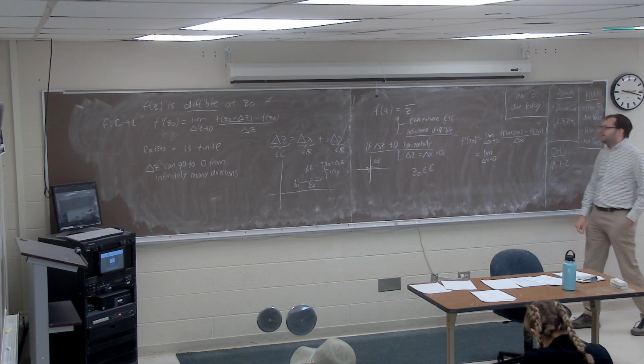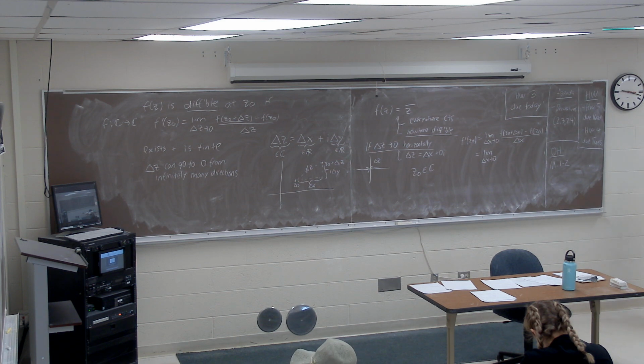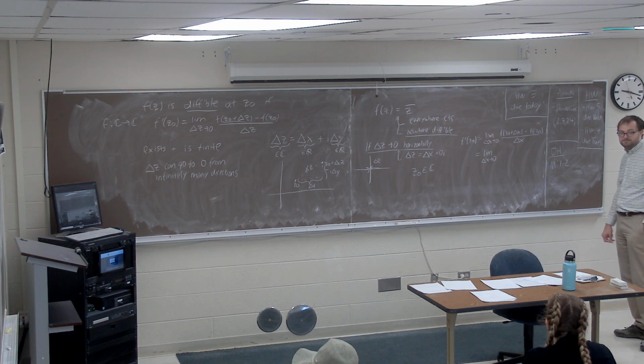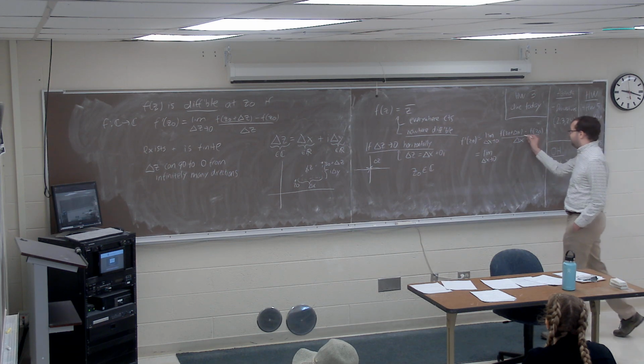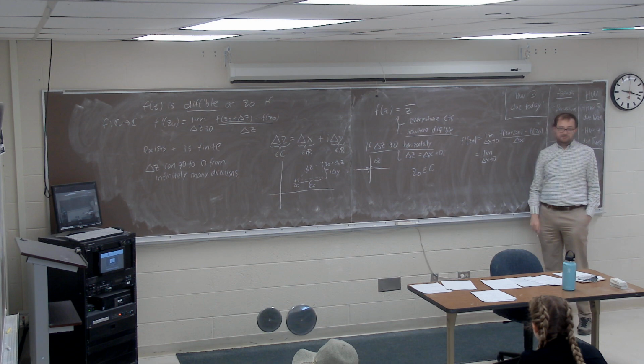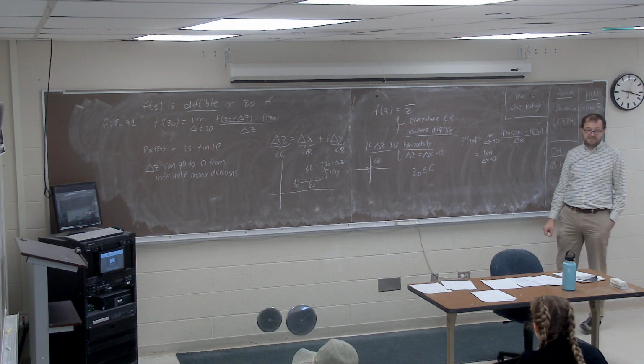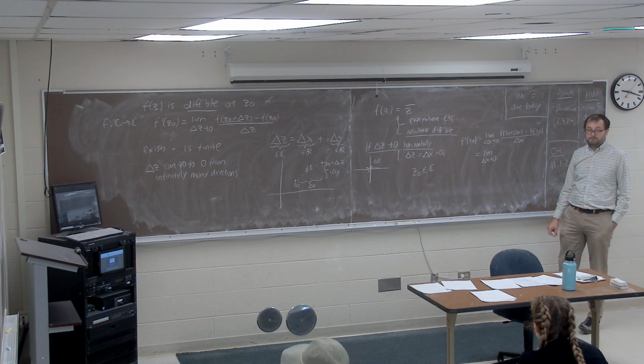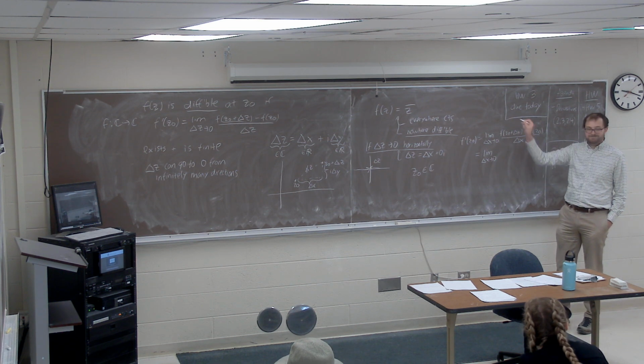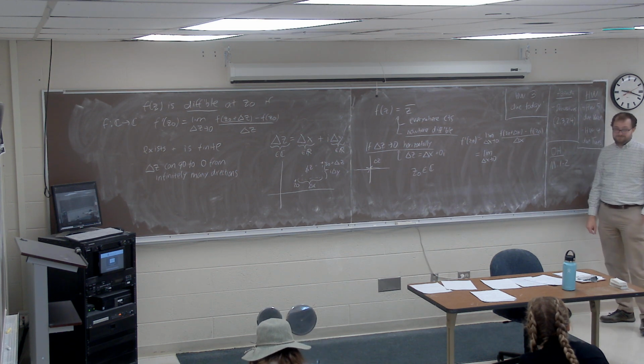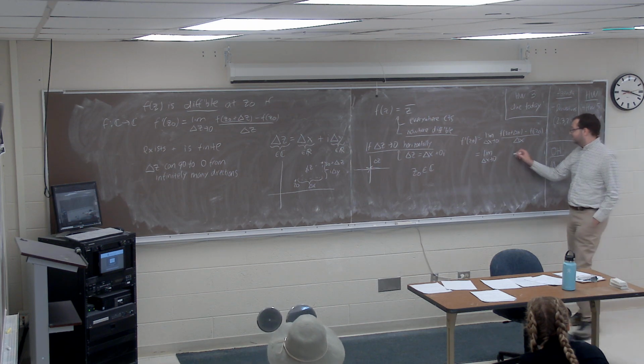Katrine, what's f of z naught plus delta x going to be for this particular function? So in other words, how would I replace this with some specific expression in terms of z naught and delta z? It would be z naught plus delta x bar.